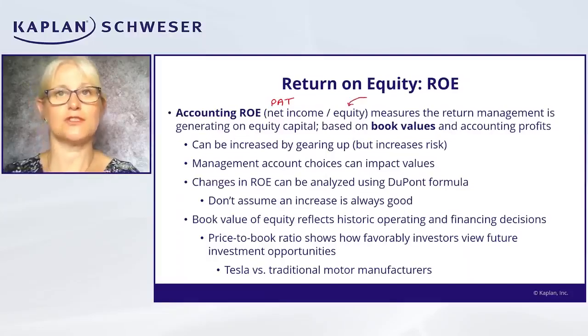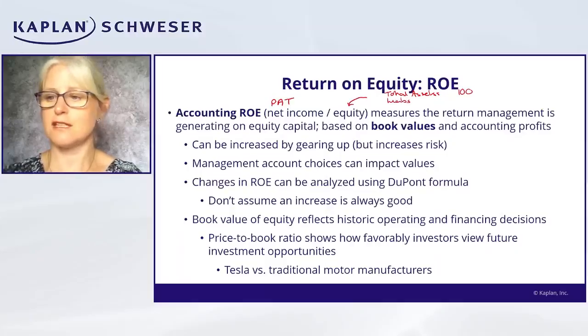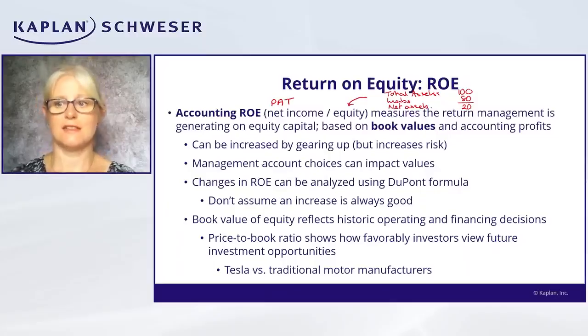Equity in the accounts, you've probably done accounts, but if you haven't, or if you're hazy on it, equity is, let's say you've got total assets of 100 and you've got total liabilities, current and non-current, of 80, then the net assets of that company are 20. Total assets less all your liabilities.